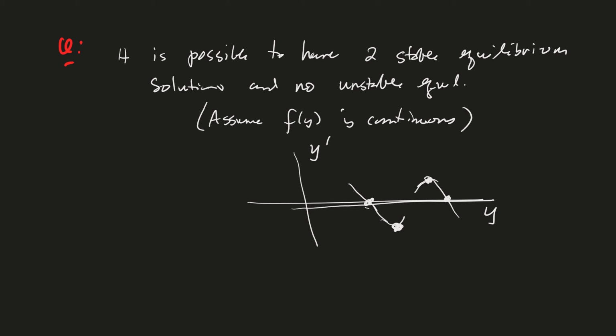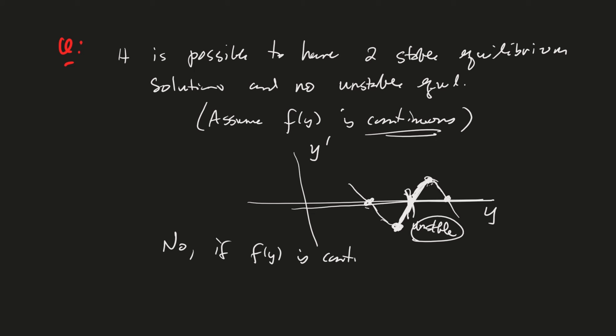This is the intermediate value theorem. The intermediate value theorem says that if the function is continuous and you have your function on both sides of the axis, then at some point in between the function must cross. And by the way, at that crossing, what kind of a crossing do you have? Unstable. So it is not possible, no, if f of y is continuous, which is typically what we have.